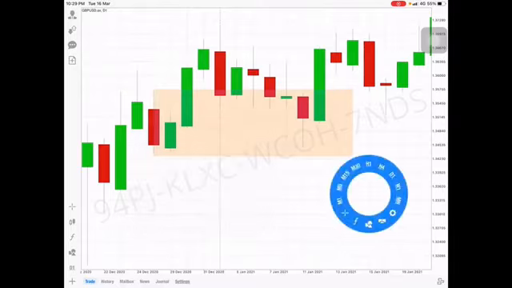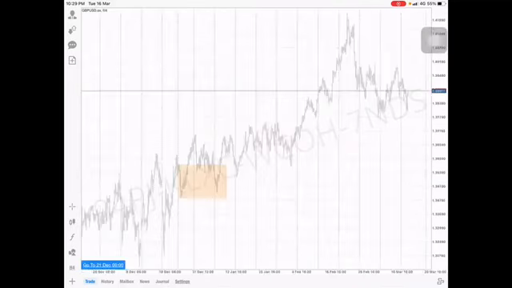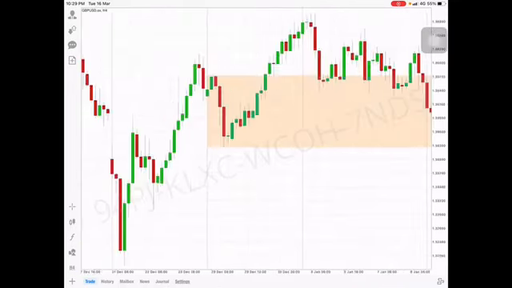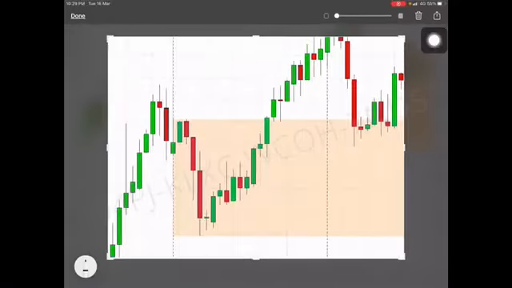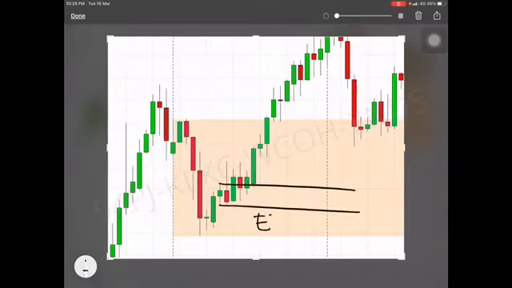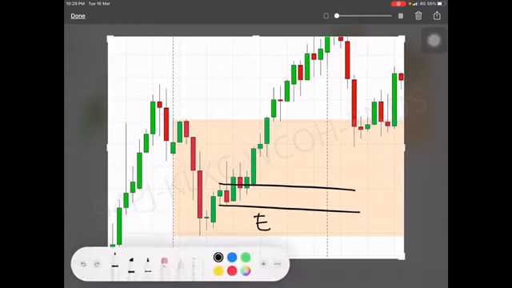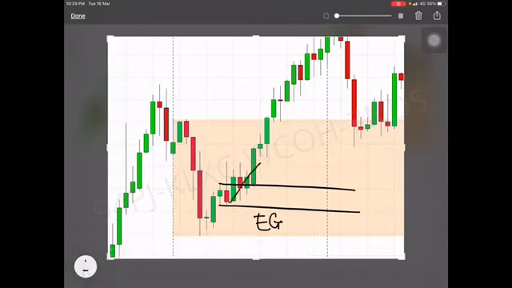H4. Okay, so now look here. Is there any engulfing that we can mark? What engulfing do you see? Buy or sell? So I see this one. This is an EF, right? That is a sell engulfing, but it broke upwards, so it has become EF.